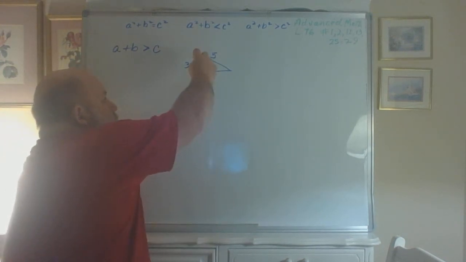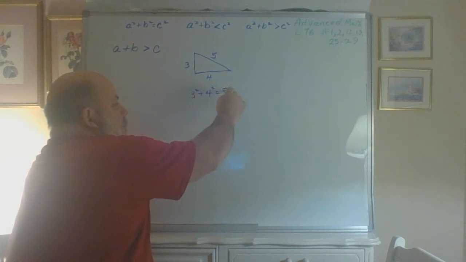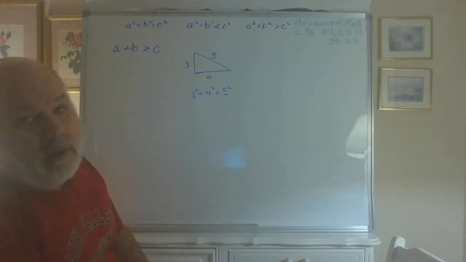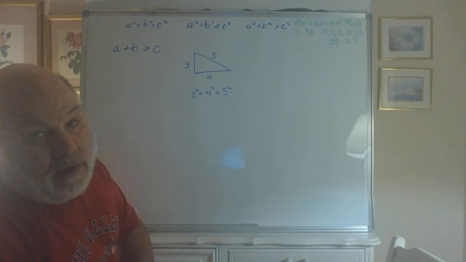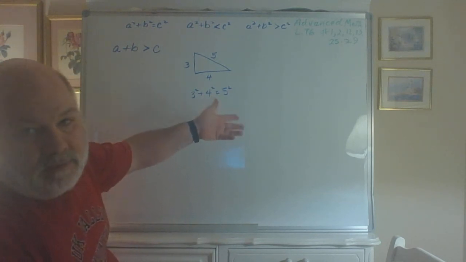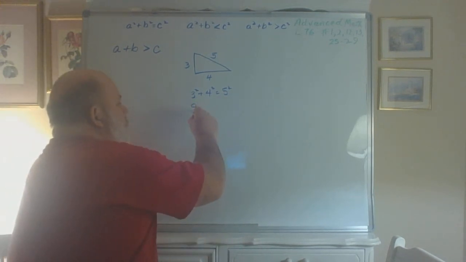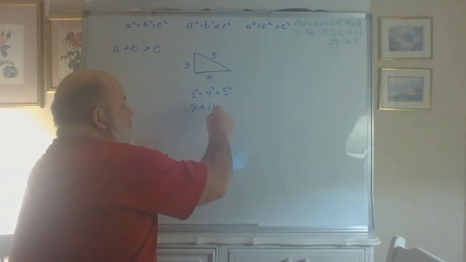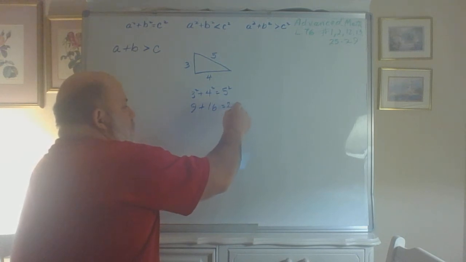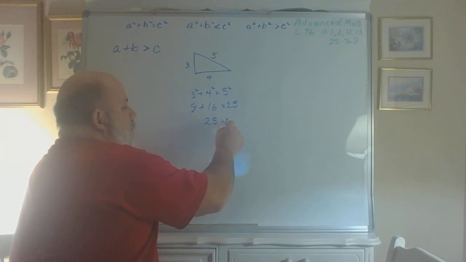The Pythagorean theorem says your two short sides, if you square them and then add them together, will equal the square of the longer side, the hypotenuse. We're not calling it a hypotenuse right now because we're assuming you didn't know it was a right triangle. So you would do the work: 9 plus 16 equals 25, and 25 equals 25.